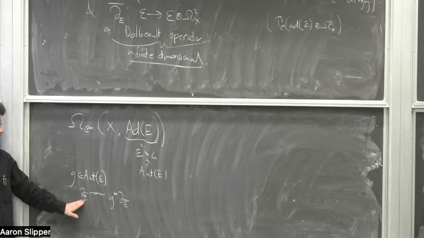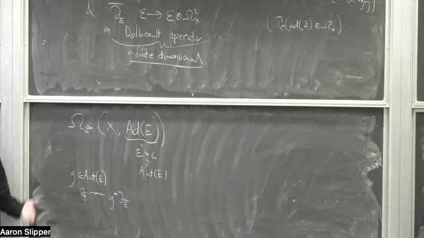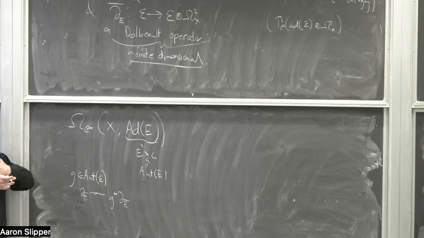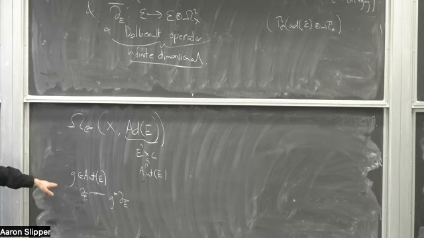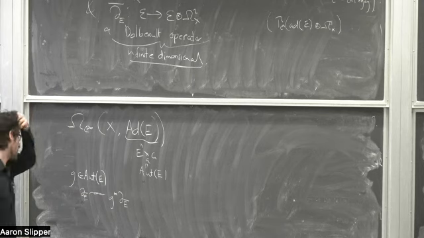And this symmetry tells you that there's an isomorphism of the pairs of a smooth complex vector bundle and the Dolbeault operator.